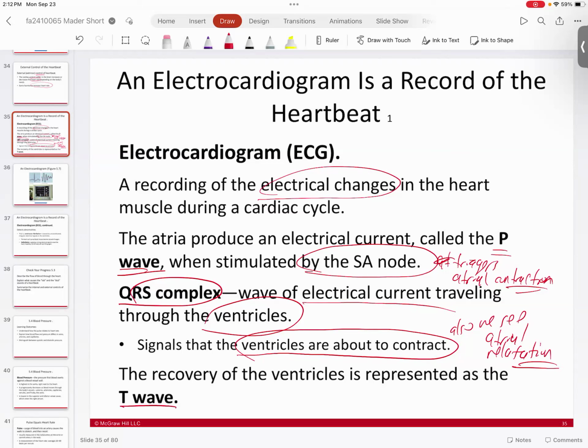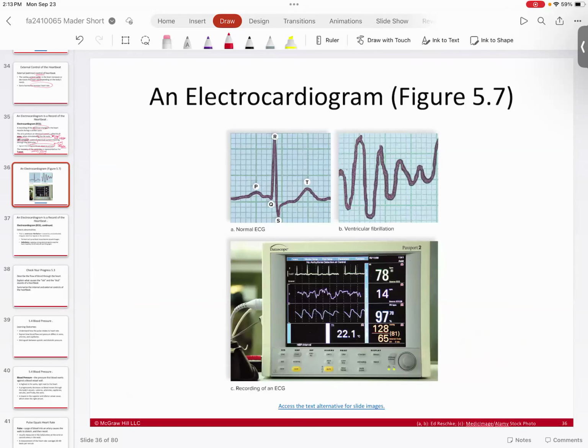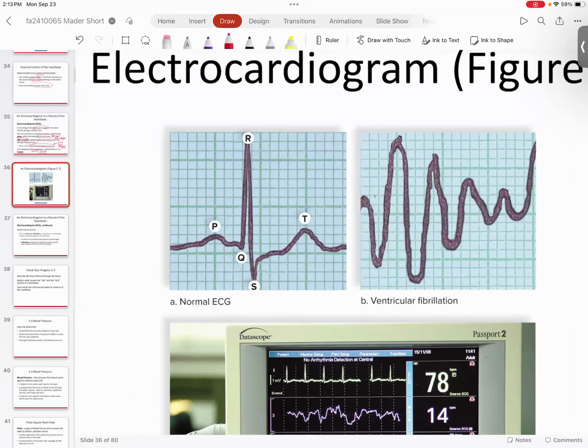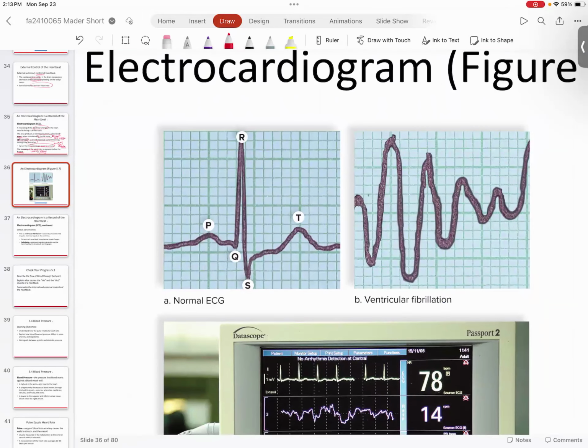And then the last wave we see is what's called the T wave. This is your recovery of the ventricles. This is basically where the ventricles are relaxing. And so what you see is this kind of like PQRS wave. So here's your normal EKG. So this is basically associated with your atrial contraction. This is where your SA node will fire.